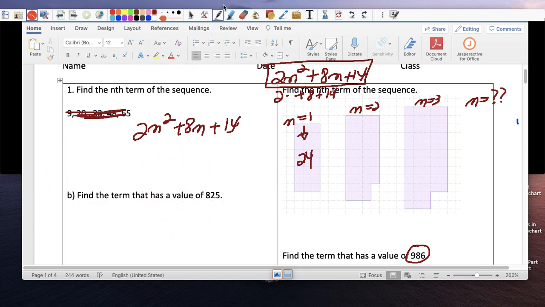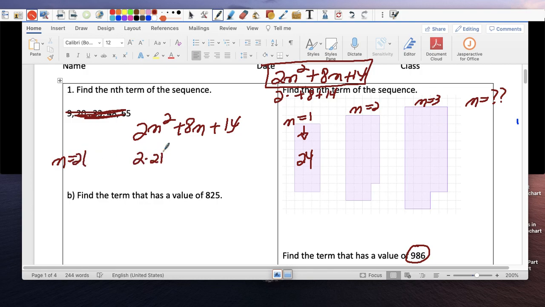Let's say 20. 20 squared is 400. 400 times 2 is 800, plus 160. Let's try 21. I'm going to try n equals 21.